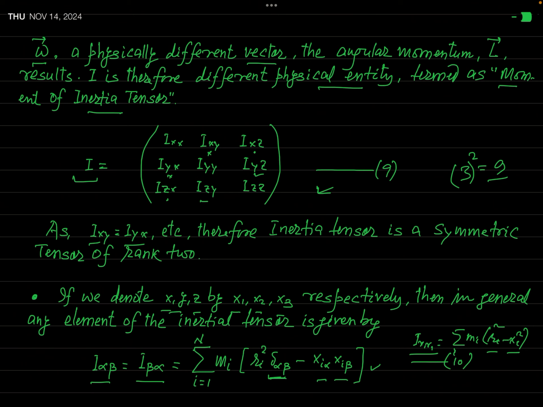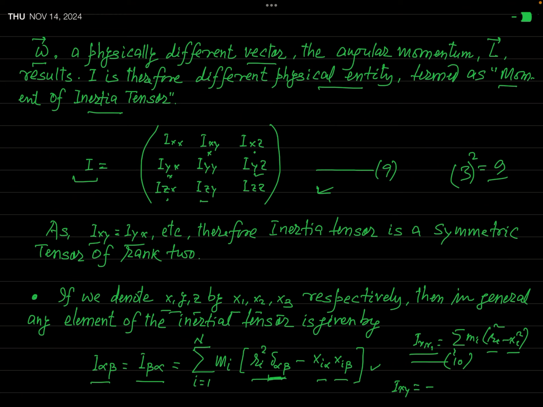But when you take alpha equal to x and beta equal to y, what will happen? Then you will get Ixy. Can you check its value? Here alpha and beta are different, so the Kronecker delta will be 0 and the first term will vanish.